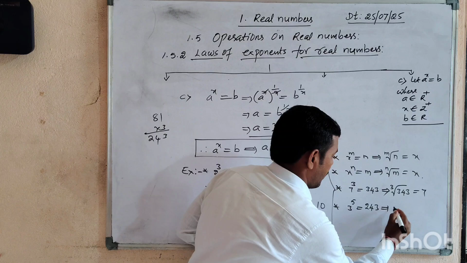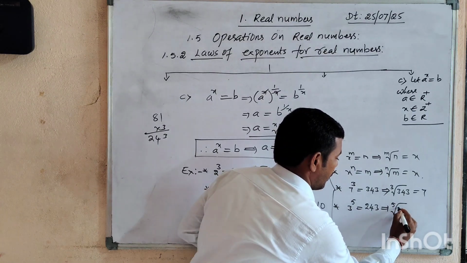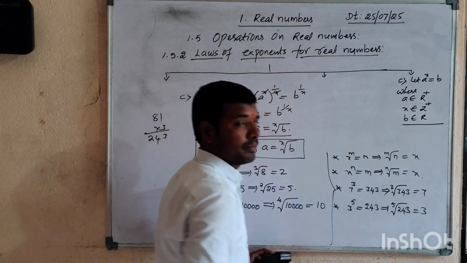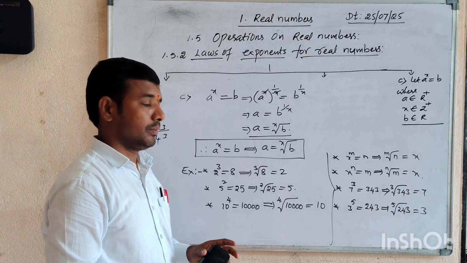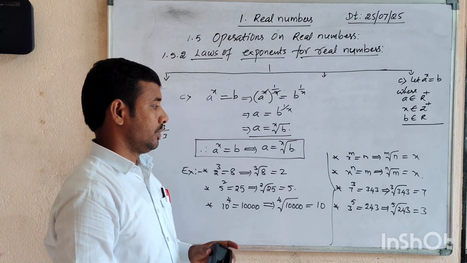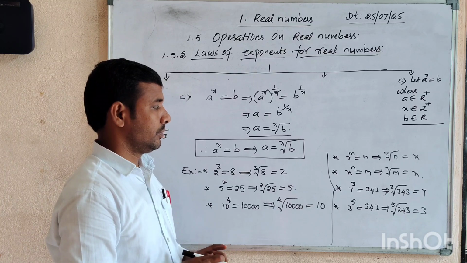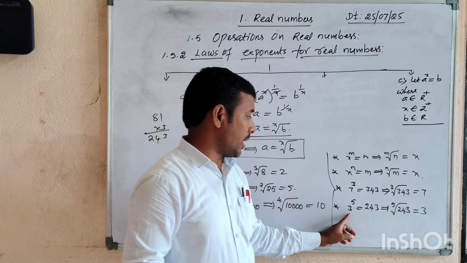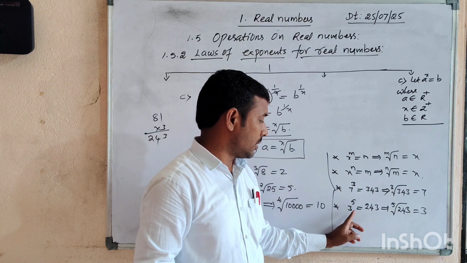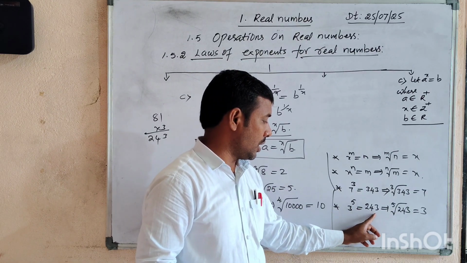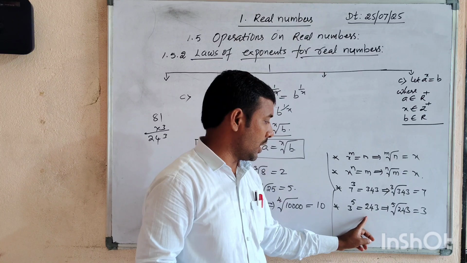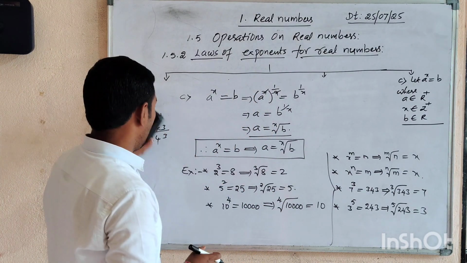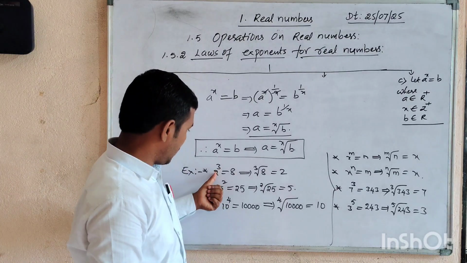Then fifth root of 243, answer, tell me. 3. Okay? 9 9 is 81. 3 square into 3 square into 3. 9 9 is 81, 81 3 is 243. Okay, these are questions.